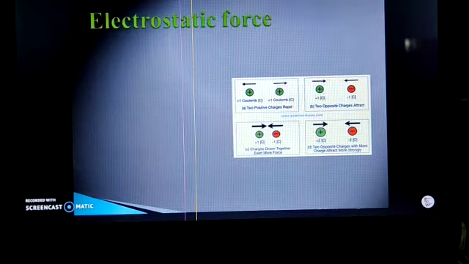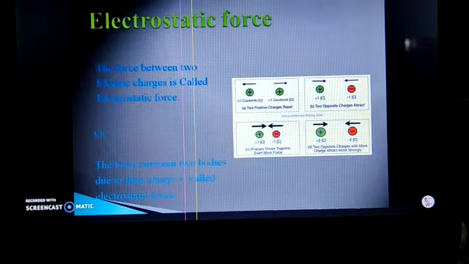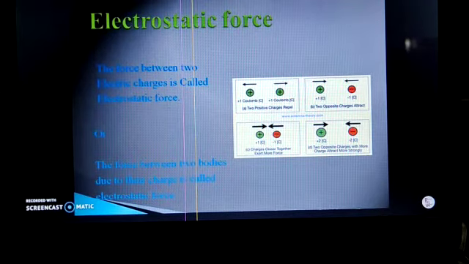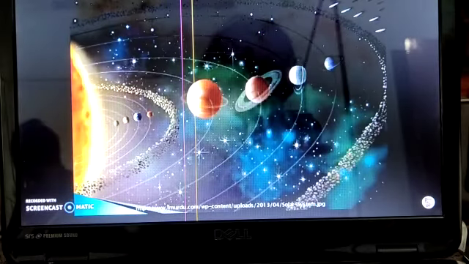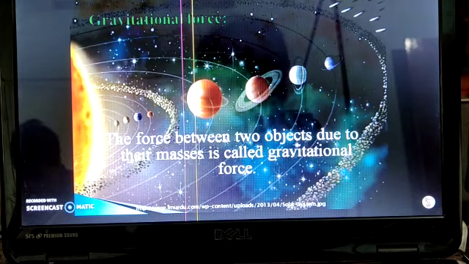This is example of two opposite charges, positive, negative, positive, positive. The charges are same, they will, not only in magnets, in electricity also, if the charges are same, that is positive, positive and negative, negative, they will repel. And positive, negative, they will attract.